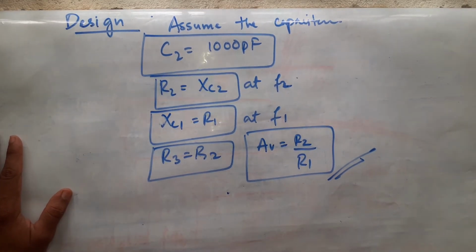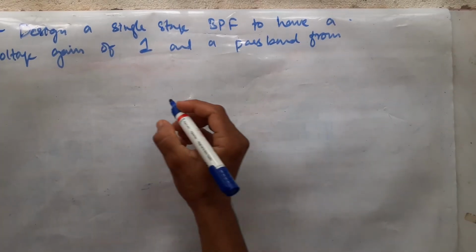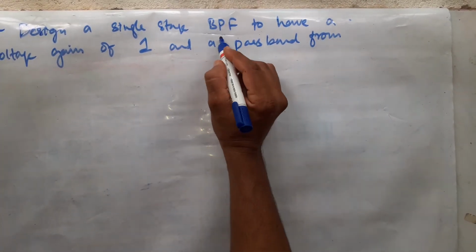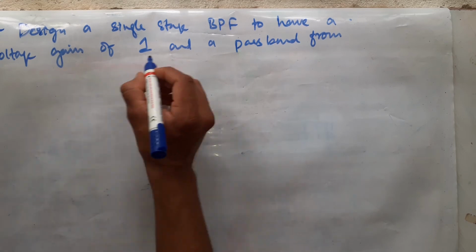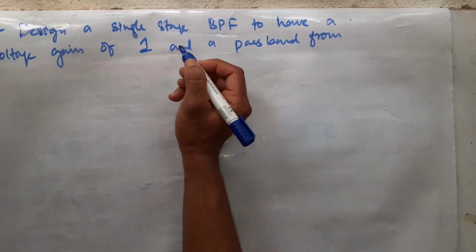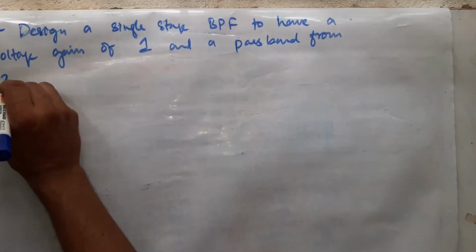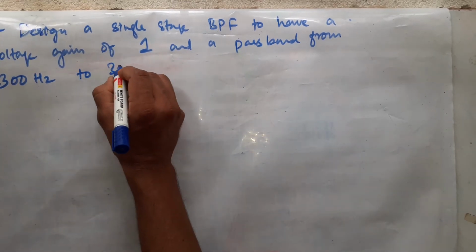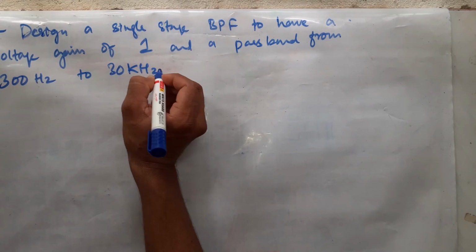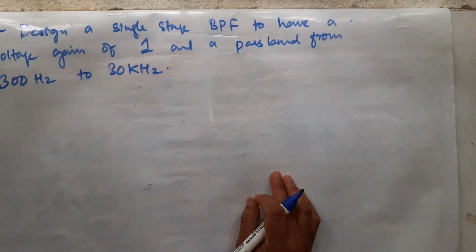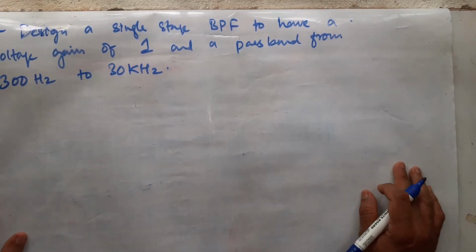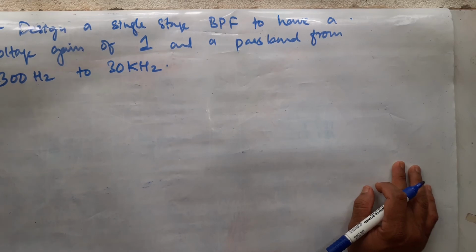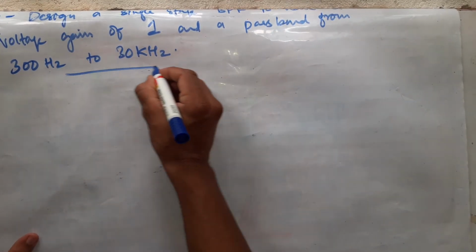Let us take one problem. Design a single stage band pass filter to have a voltage gain of 1 and a pass band from 300 Hertz to 30 kilohertz. By looking at this, anybody can understand which is F1, which is F2, which is lower cutoff frequency, which is higher cutoff frequency.